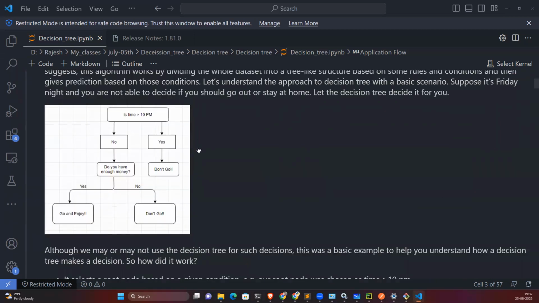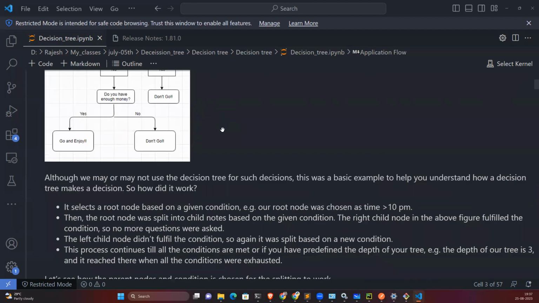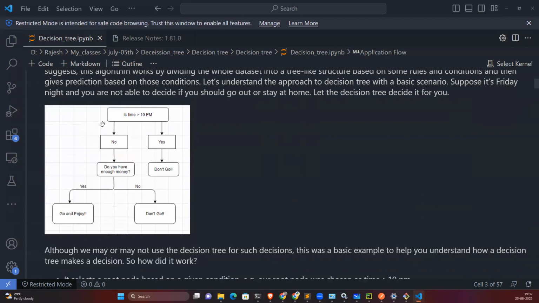Which node I have to select as a primary node, and which node I have to select as a child node. For that reason, we are going to learn two things: number one, Gini indexing, and number two, entropy. Hold on, I will talk about these in the coming slides. But as of now, just try to understand this. You need not worry about it. To decide which node to select as a parent node or a child node, we have Gini indexing and entropy concepts, which can help you take a decision on which node to select as a primary node. Did you guys understand now? Any question? Yes, sir. Cool.